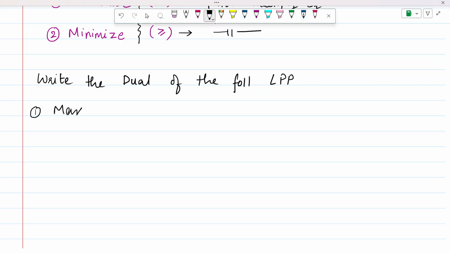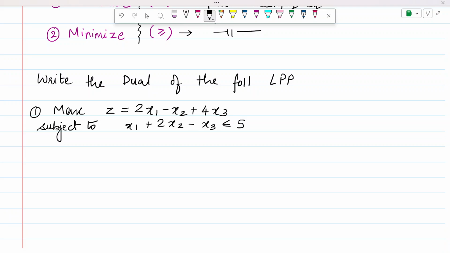The question is to maximize z equal to 2x1 minus x2 plus 4x3, subject to the conditions: x1 plus 2x2 minus x3 less than or equal to 5. Then we have 2x1 minus x2 plus x3 less than or equal to 6.